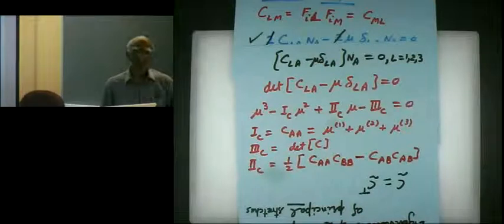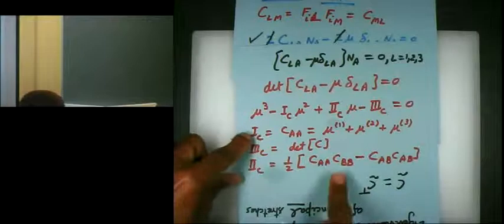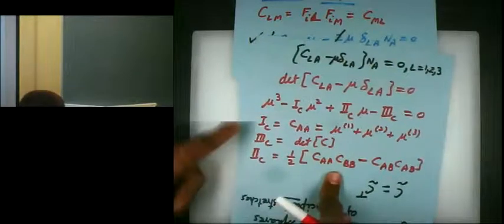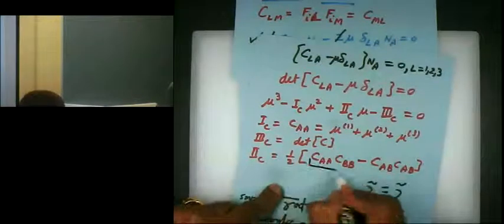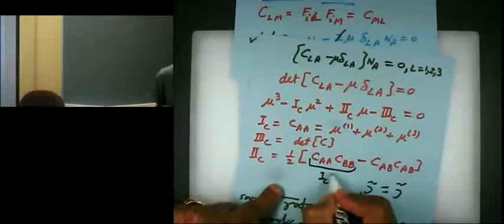So what is the first term? CAA CBB. This is the trace of C squared. So this is the same thing as I1 of C squared. This thing squared is the same thing as this. So this term is the same as the square. So I could have written it like I1 of C squared.